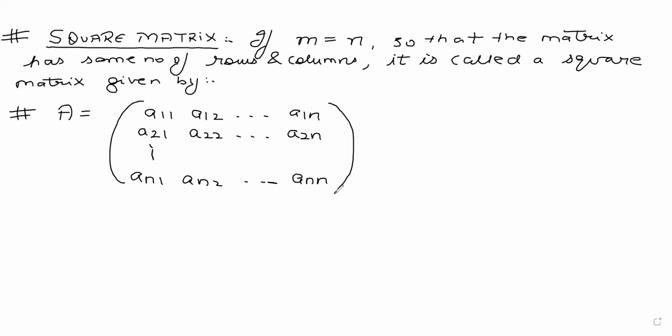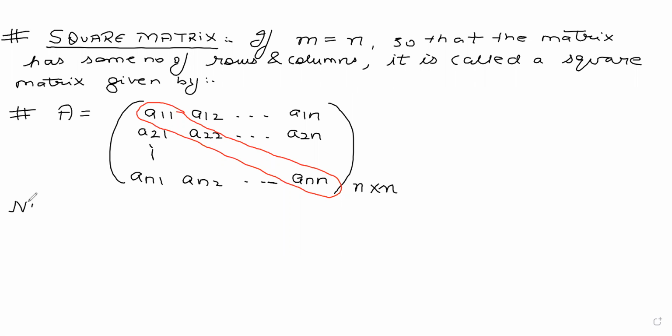Okay, so you can clearly see it is an N cross N matrix now. It has the same number of rows and columns. Okay, and then guys, you can clearly see what is this. This is the main diagonal of the matrix A11, A22, A33, A44 dot dot dot ANN.